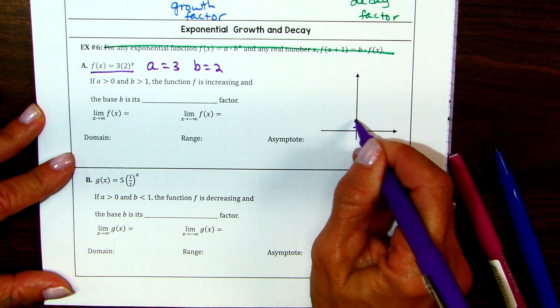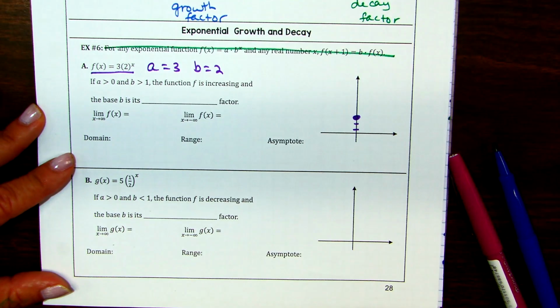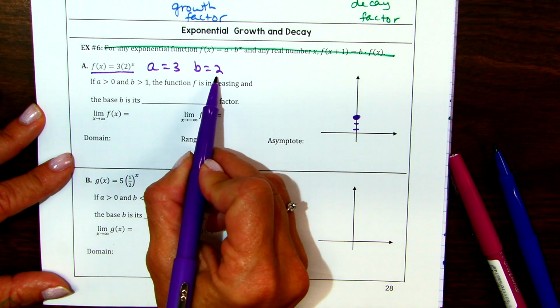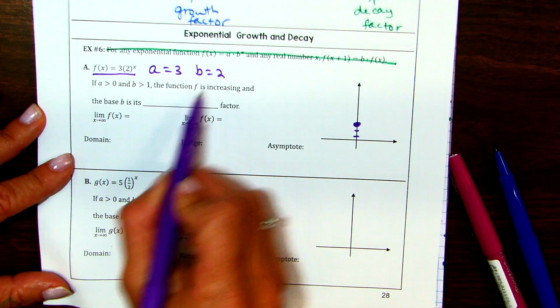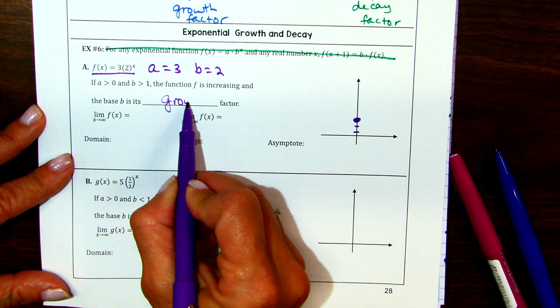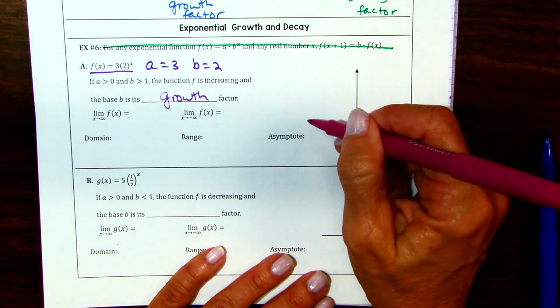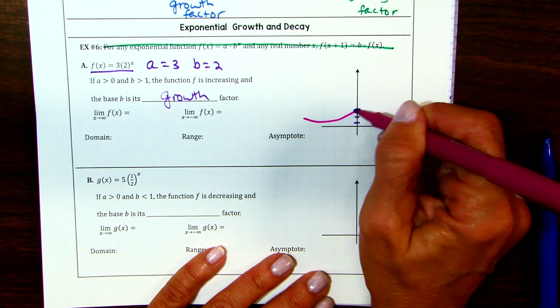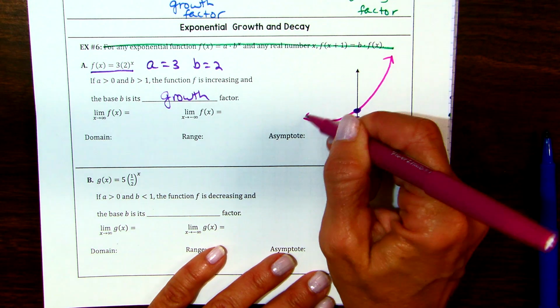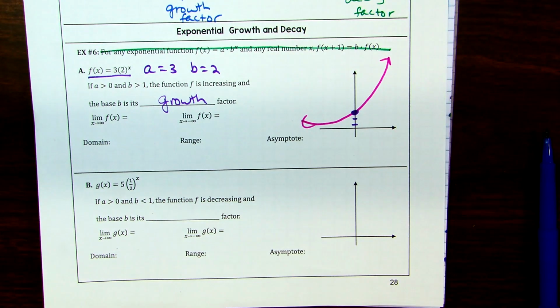So 1, 2, 3, there she is. And since B is greater than 1, that means it's growing, right? It's a growth factor. So what would that look like on my graph? Really easy. My numbers are starting small and getting bigger as I go left to right. Are those the exact points? Nope. It's a sketch.